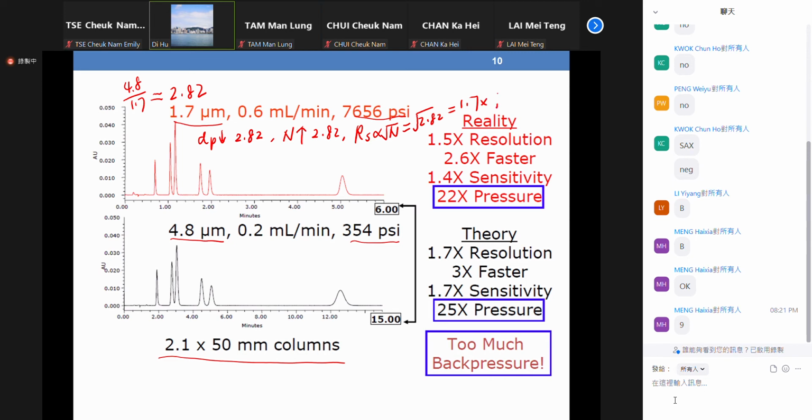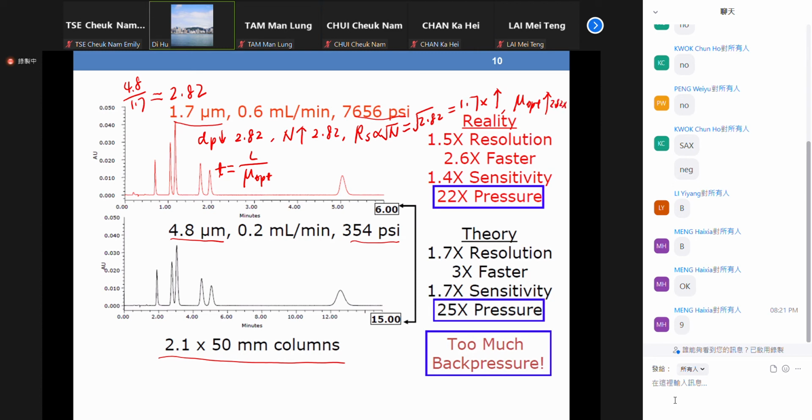And T equals L divided by mu optimized, because the linear velocity will also increase, by how many times? 2.82 times, right?